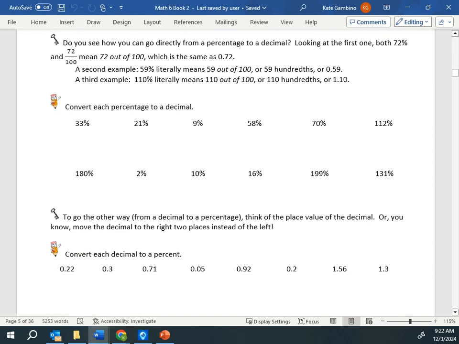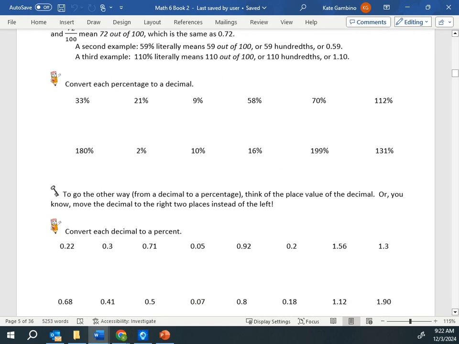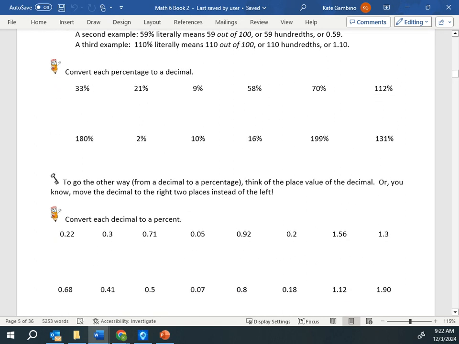Do you see how you can go directly from a percentage to a decimal? Looking at the first one, both 72% and 72 over 100 means 72 out of 100, which is the same as 72 hundredths. A second example, 59% literally means 59 out of 100, or 59 hundredths, or that 0.59.